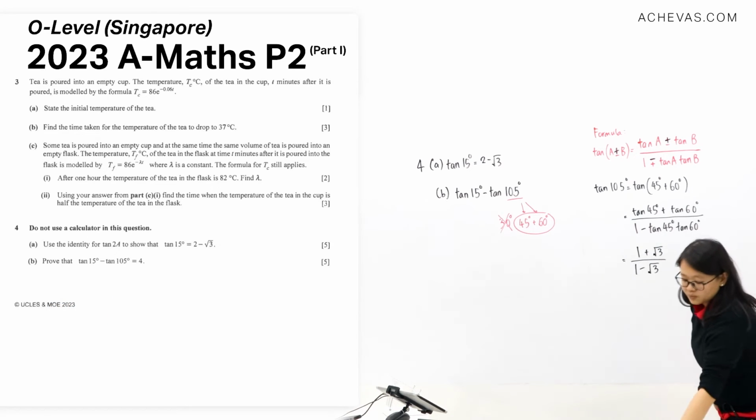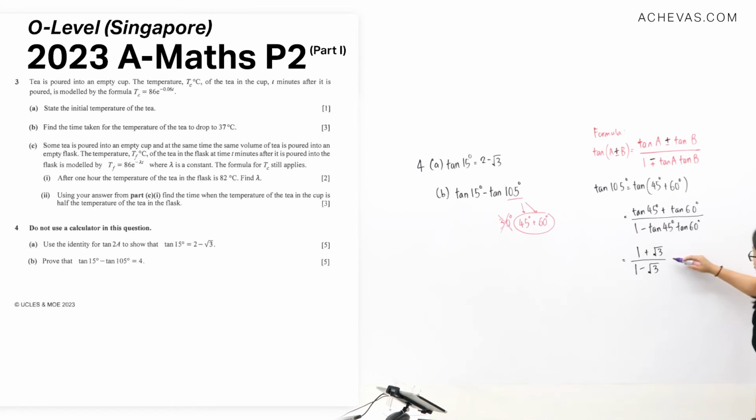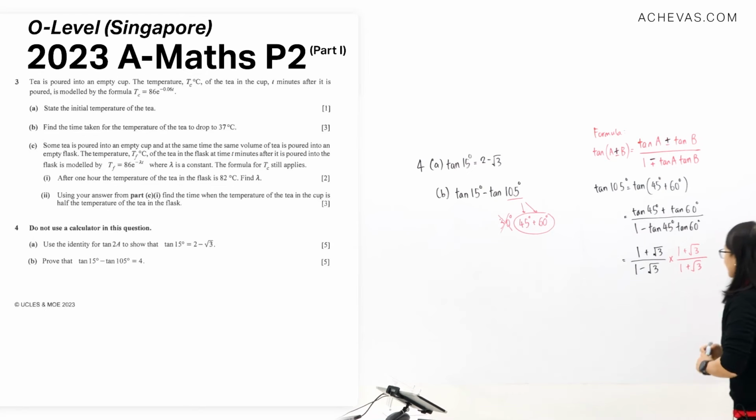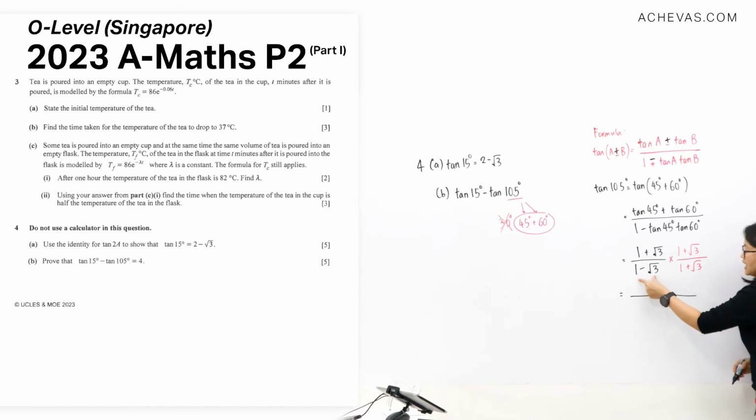So next one, I will be doing rationalization. I will multiply by the conjugate of this, which will be 1 plus √3. All right, the next line, we will be doing this is (a minus b)(a plus b). I'm going to write it as a squared, which is 1 squared is 1, minus b squared, square of this is 3.